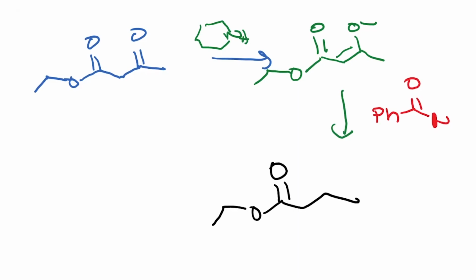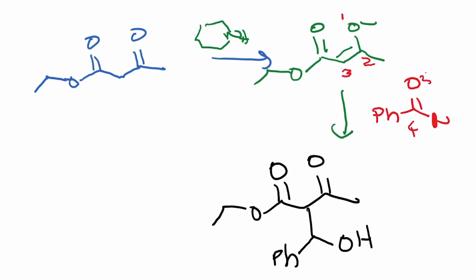Just to remind you about the numbering: 1, 2, 3, 4, and 5. So the numbering is still the same, and the bond between carbon 3 and carbon 4 is the one that we are forming.